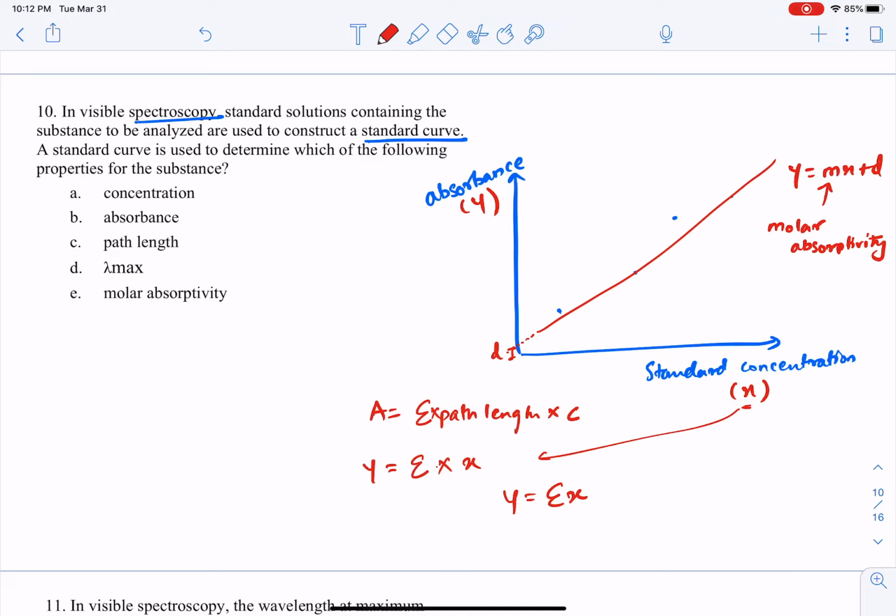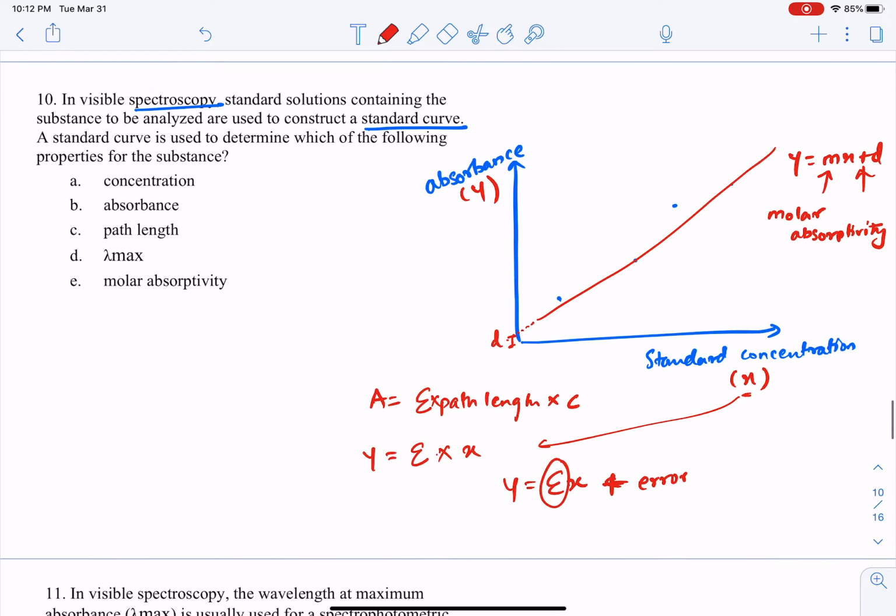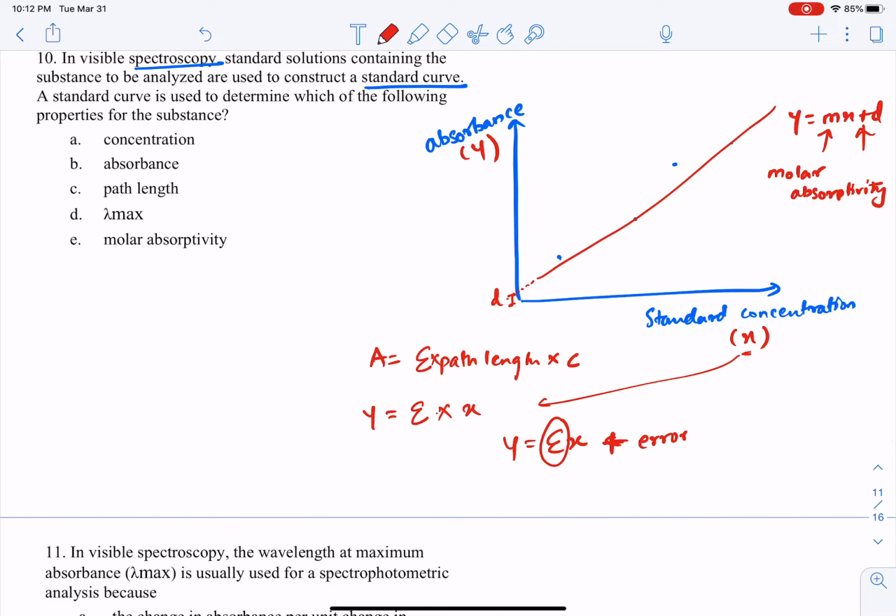So we can compare this equation and this equation; there's some error, so let's consider that error to be this. When you compare these two equations, the slope, that is m, is the molar absorptivity.